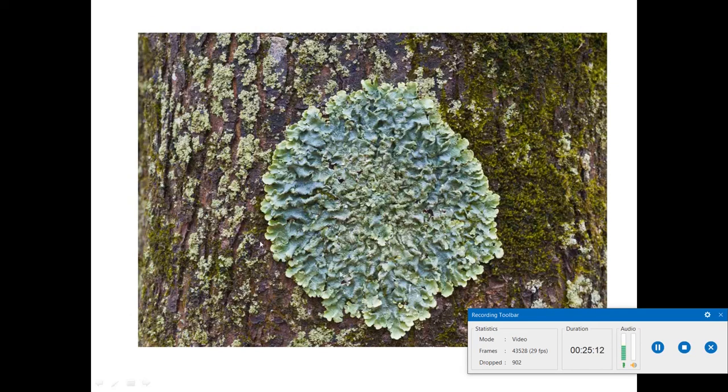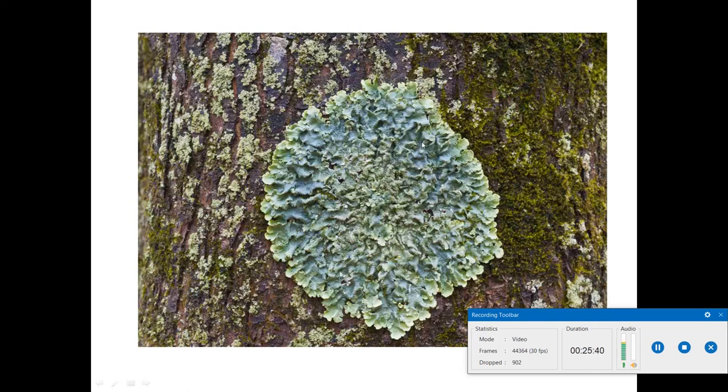So here you can see these are lichens. You might have observed this on the tree trunks and other rocky areas. So usually you can observe this on the trees. This is a mix of two different organisms, fungus and alga. So they live together and share shelter, water and food.